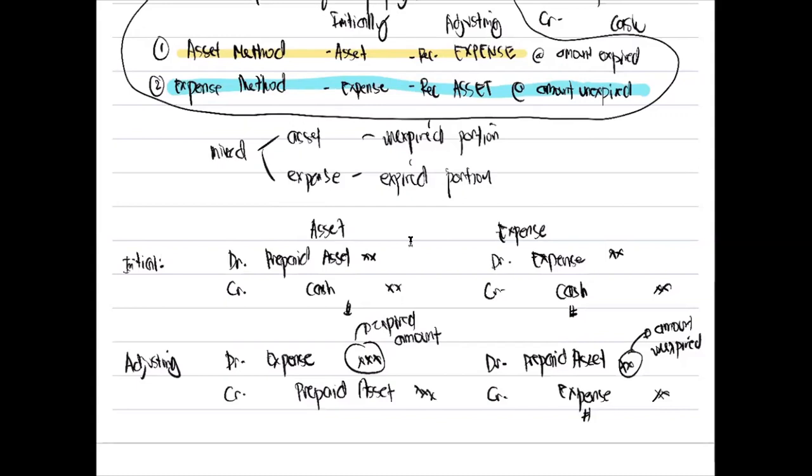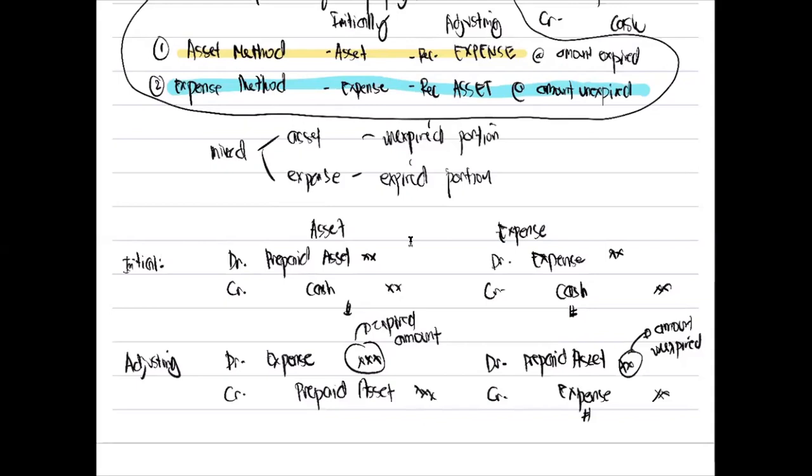Under asset method, initially we record it as an asset. Our adjusting is by recording an expense at amount expired. If we use your expense method, then initially we record an expense, and our adjusting, we record an asset at amount unexpired. Why? Because here, take note, we just need to split the unexpired and expired portion. Therefore, we need to set up either asset or expense.